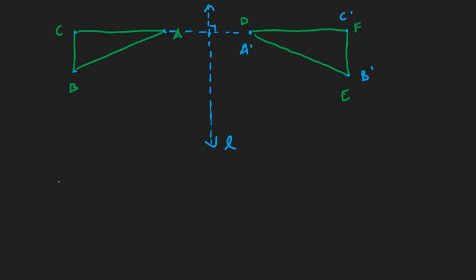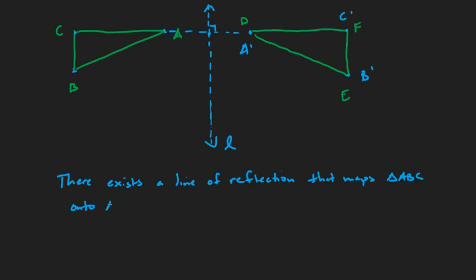So we say there exists a line of reflection or a reflection in general that maps triangle ABC onto triangle DEF.